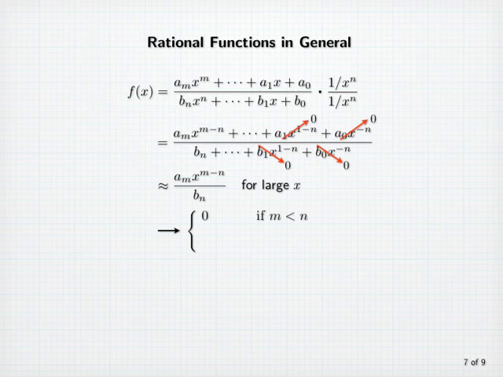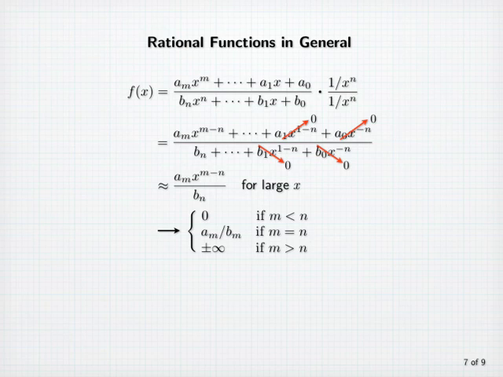If m is less than n, then the numerator involves a negative power of x, which would approach 0 as x goes to either plus or minus infinity. If m is equal to n, then that fraction is simply a sub m divided by b sub n, which will be the limit as x goes to either plus or minus infinity. If m is greater than n, then we have a positive power of x in the numerator, and so the limit will either be plus infinity or minus infinity.